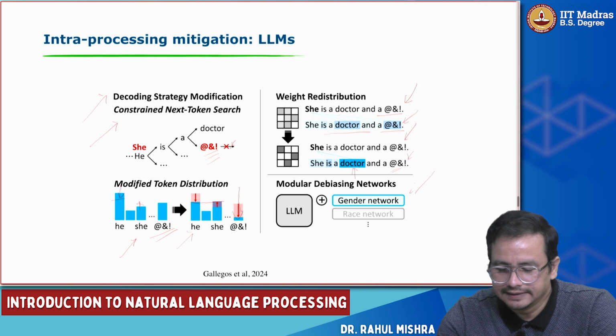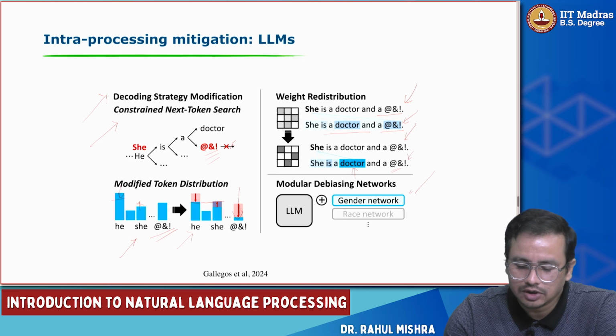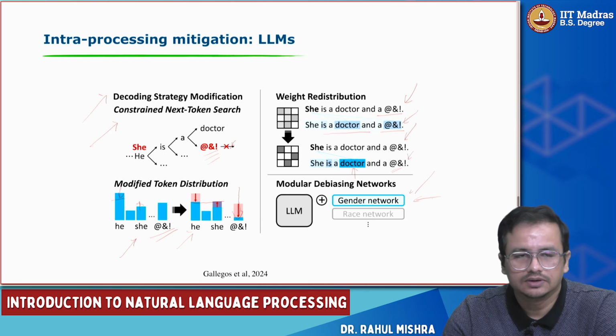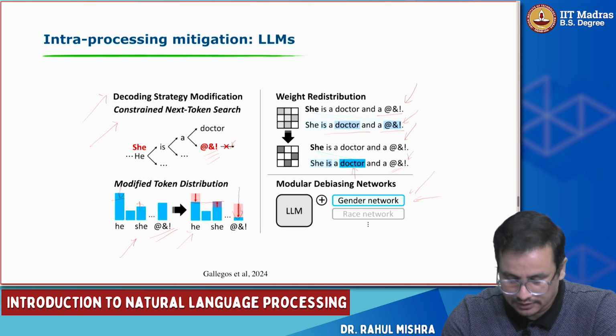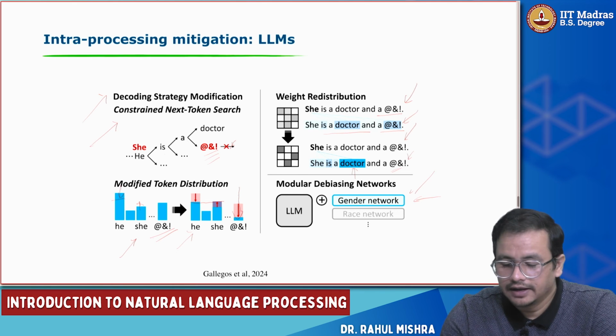And modular debiasing network: on top of the LLM you can apply another gender network which might be trained with an auxiliary data set, manually curated by people, and which learns to generate or modify your output with gender-specific neutrality. So it will neutralize your generated text because of this gender-specific data set it is trained on, right? So you can have a race network, a gender network, a region network and whatnot. You can add an additional network to it.